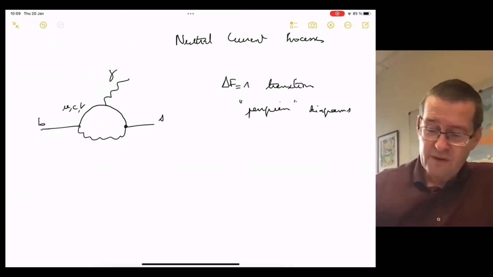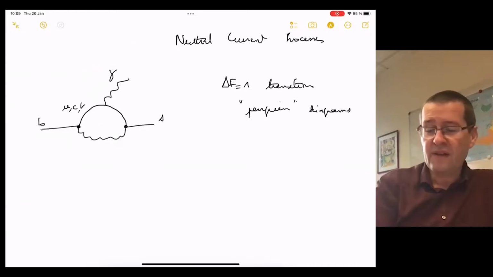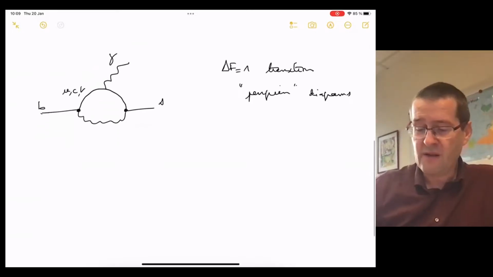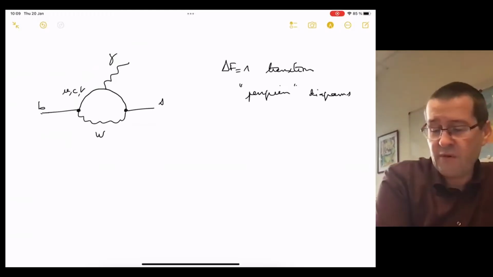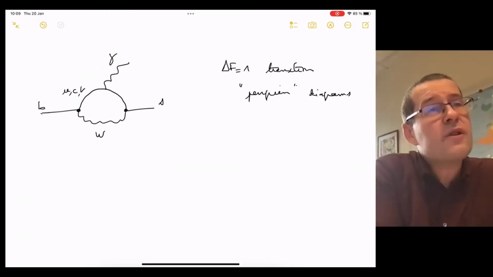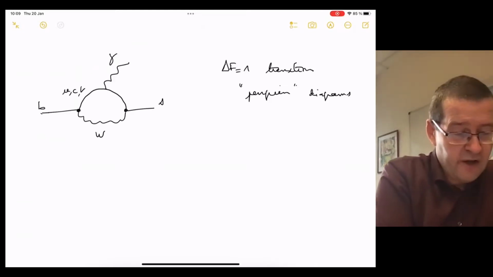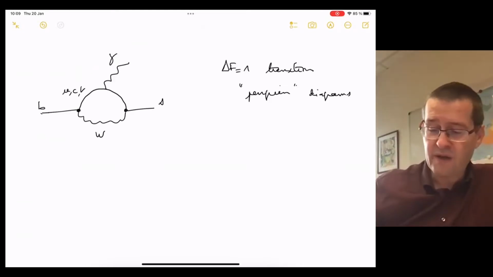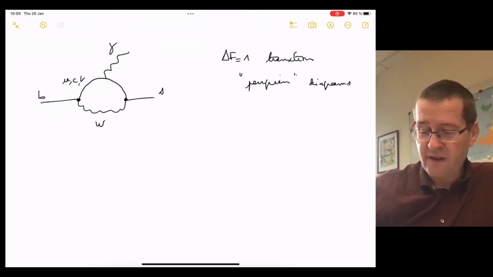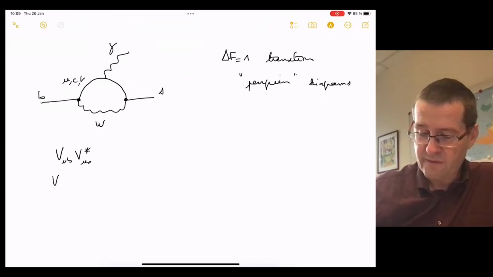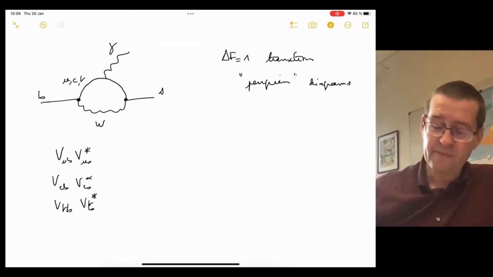And as we discussed already once, in order to analyze this kind of diagram, you see that you've got possible contributions from loops with any kind of up-type quark, and then in the end you've got VubVus*, for instance, VcbVcs*, VtbVts*.